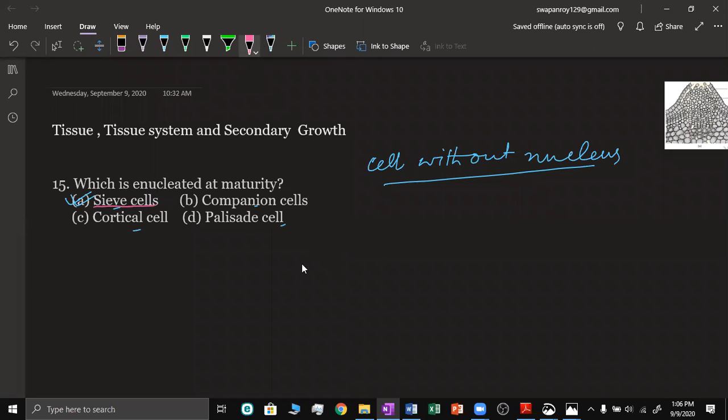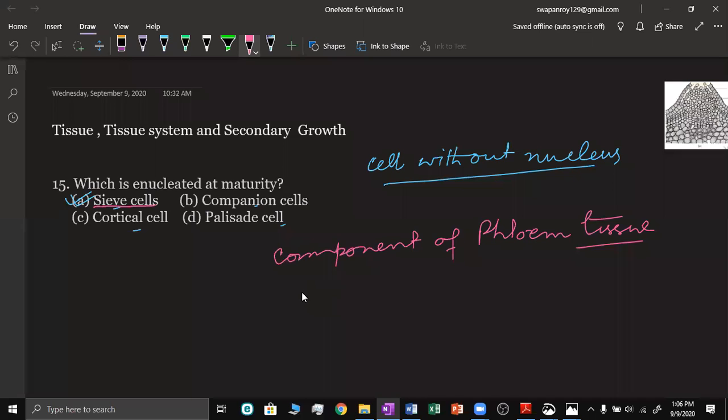The sieve cells are a component of phloem tissue. The sieve component, when it is young, has a nucleus, but when it is mature, the nucleus is degenerated.